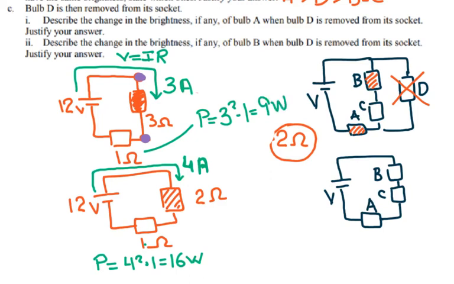So when I remove resistor D, my current is going to drop because before, in the circuit on the right, my B was R and my C was R. So between these 2 points, I have 2R because they are in series, and my D was 1R.